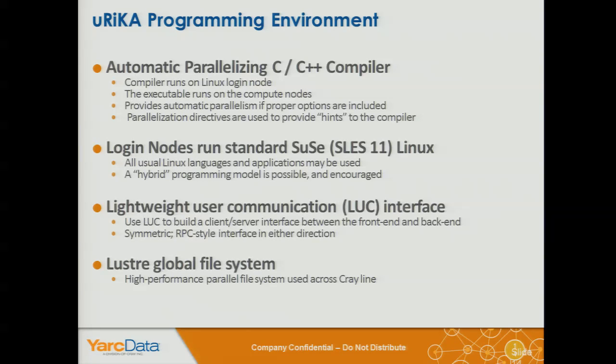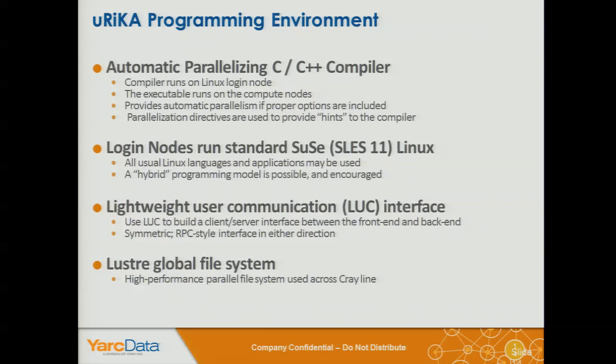Login nodes run standard Linux. Hybrid programming model is possible and encouraged. As I say, that's what we're doing on the uRiKA appliance, making use of all the processor types that we have. In my previous slide showing an API between the front-end nodes and the back-end nodes, I showed communication across the two operating systems. One way of doing this is using what's called lightweight user communication, or LUC.